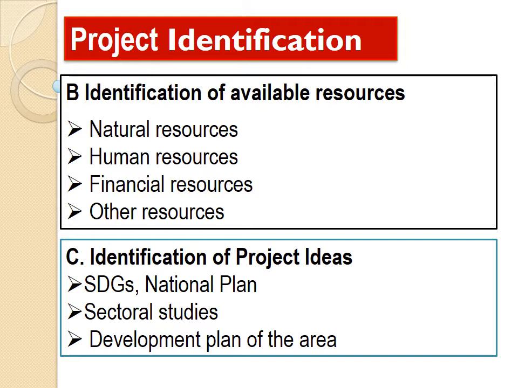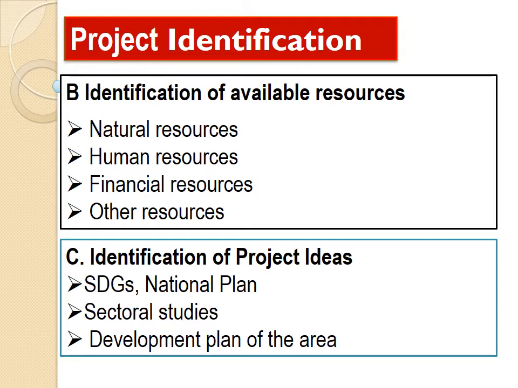All of us know very well that the SDGs are there. All the member countries, as members of the United Nations, signed the SDGs, and we translated the SDG goals, targets, and indicators into our national plan. By 2030 there are 17 goals, 169 targets, and 232 indicators.